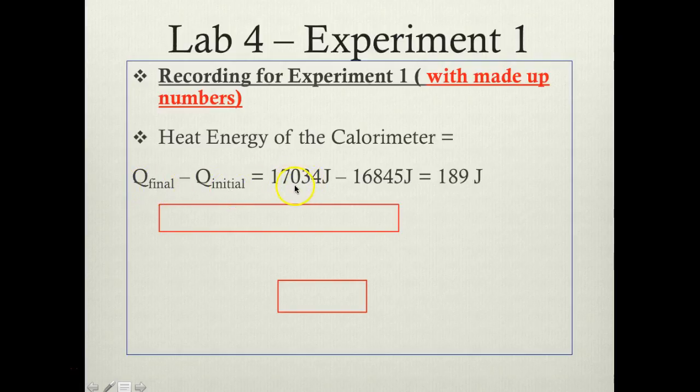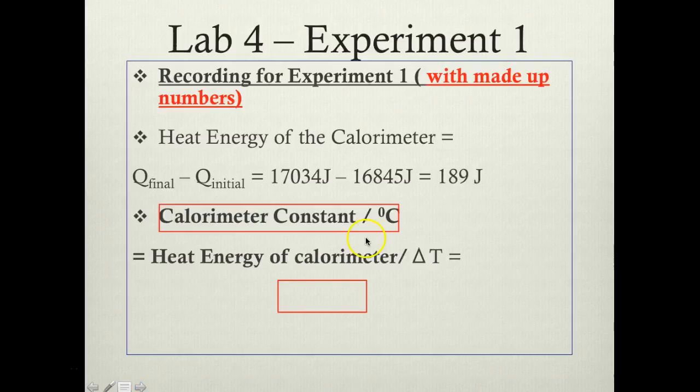So 17,034 minus the 16,845 and you get 189 joules. So the calorimeter constant per degree centigrade is the heat energy of the calorimeter, which is 189 joules, divided by the change in temperature.